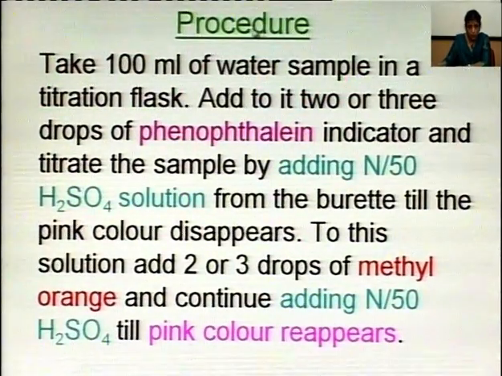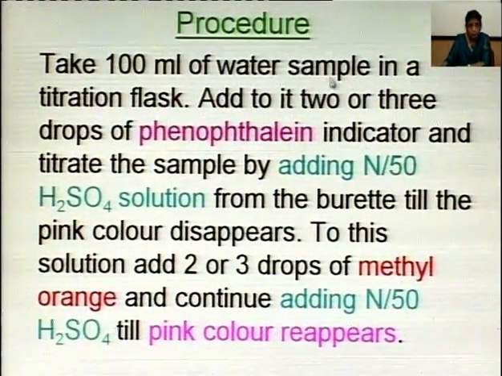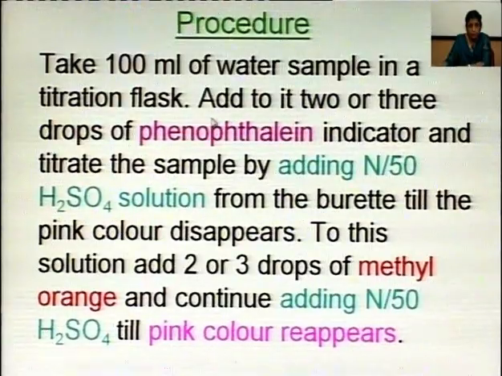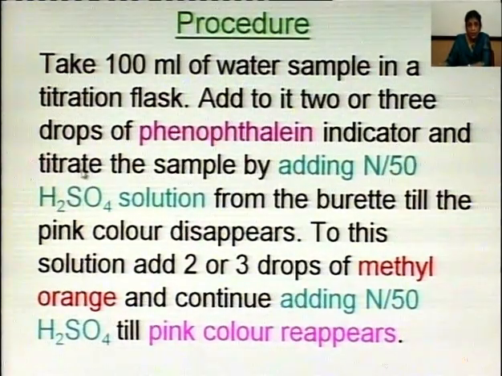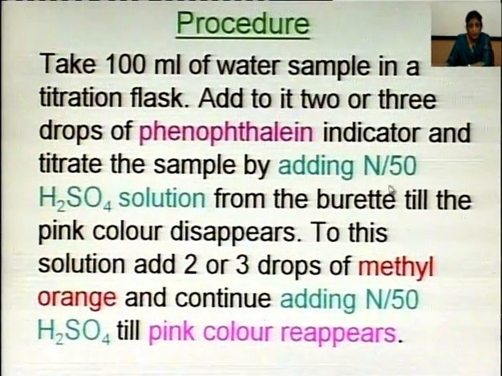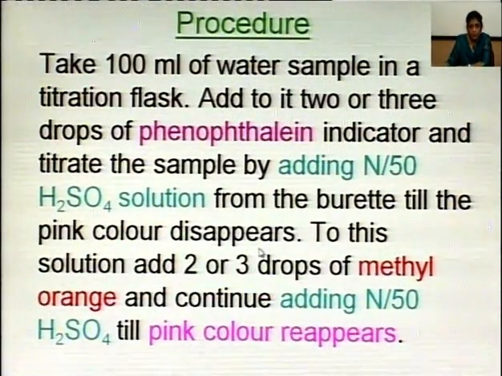So, the procedure to determine the alkalinity: take 50 ml of sample water in a titration flask, add to it 2 to 3 drops of phenolphthalein indicator and titrate the sample by adding N/50 standard solution of sulfuric acid from the burette till the pink color disappears.